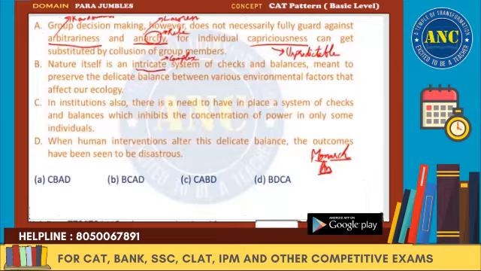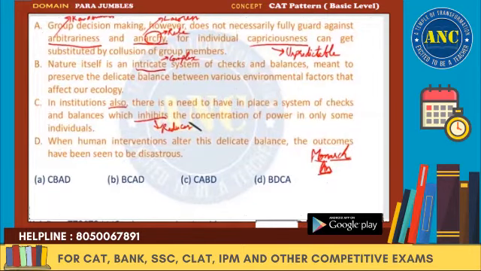C says in institutions also there is a need to have in place a system of checks and balances which inhibits. What is inhibit? Something that reduces. Inhibits the concentration of power in only some individuals.